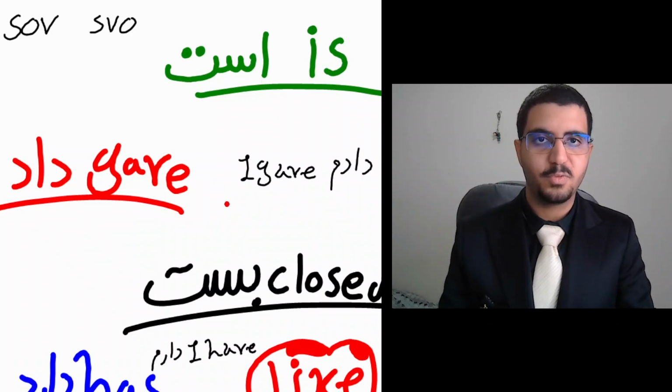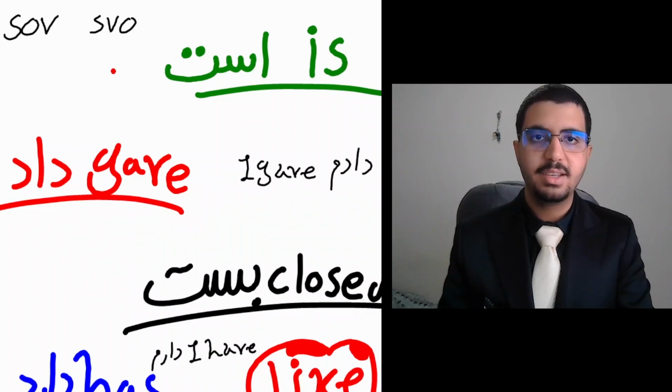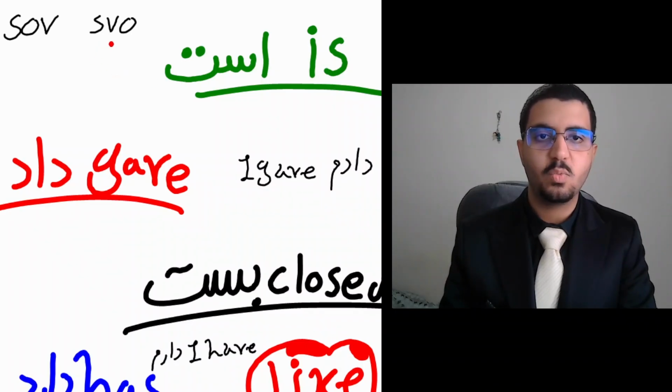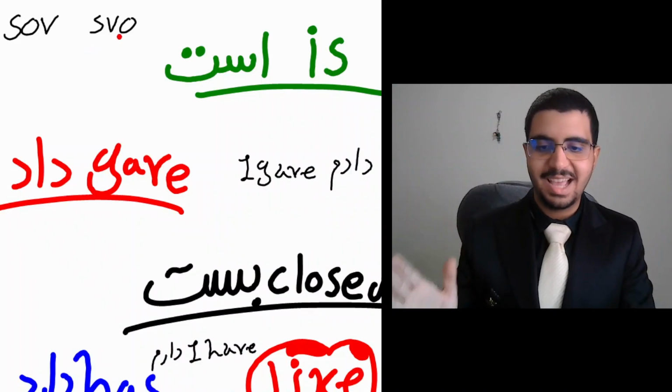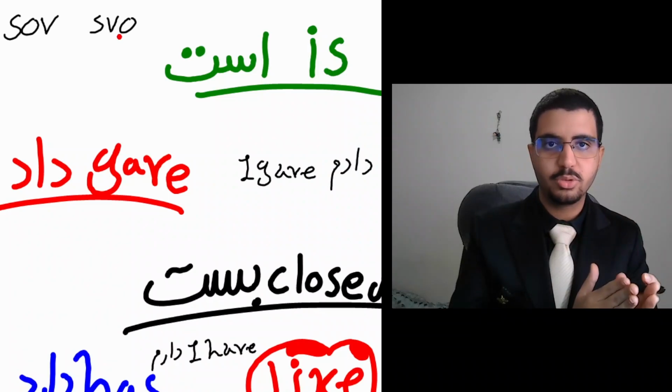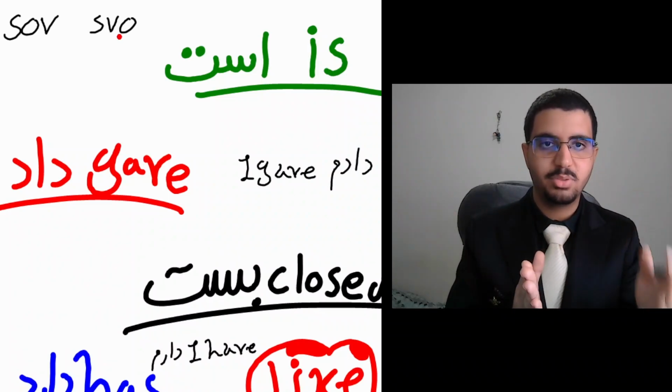Now let's get to some verbs, okay? Persian structure of sentences is different from English. English is SVO, or subject, verb, object. Like cloud is blue. Cloud is the subject, is is the verb, and blue is the object.